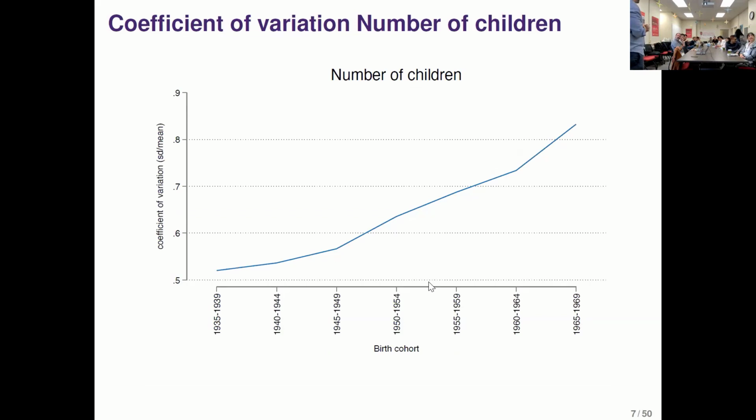What's also interesting is that those were averages, the average age of first birth, the number of children, and so on. But we can also look at the variation. Here we take the coefficient of variation, that's the standard deviation divided by the mean. And we see that there's an increased variability in how many children people have.